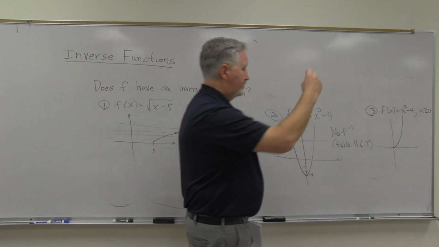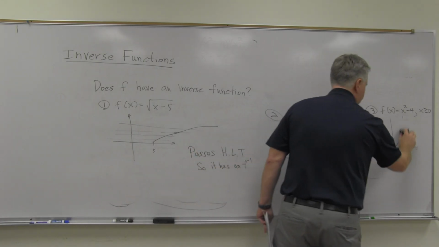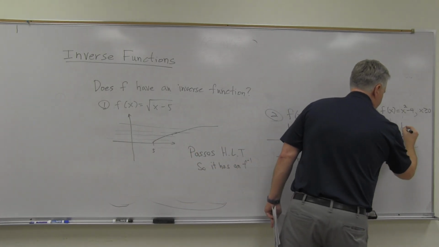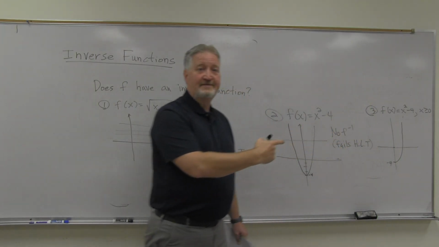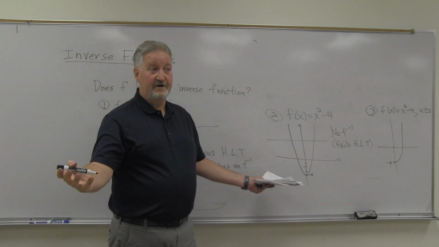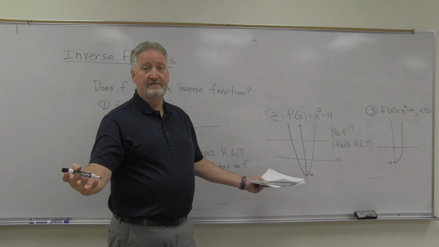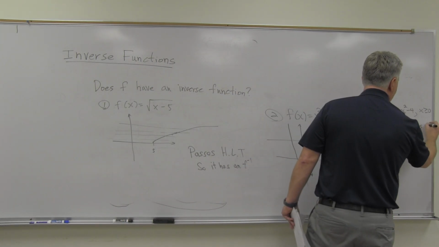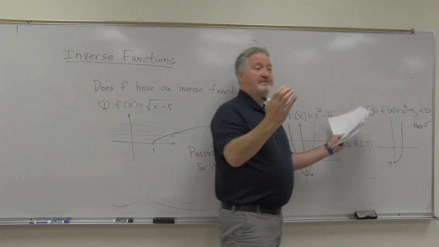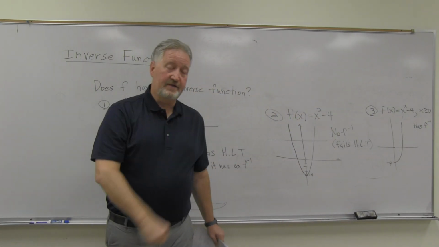So instead of the full graph, whoops, the vertex is (0, 0). Isn't that the graph now? Does that one have an f inverse? Yes, that one does, because now it passes the horizontal line test.